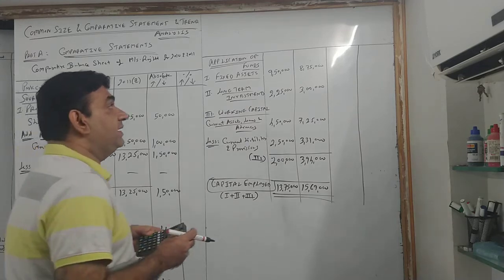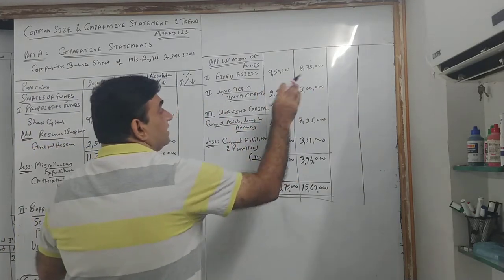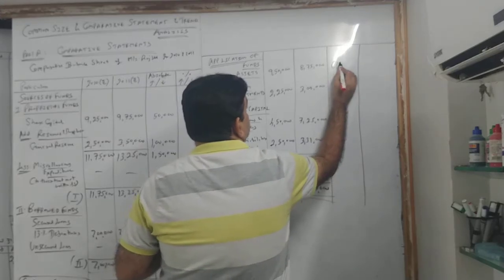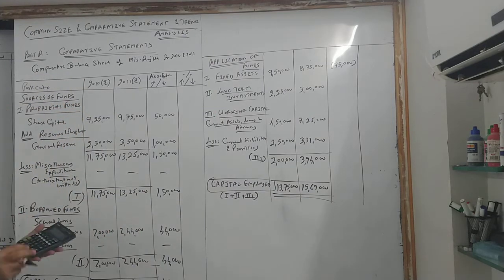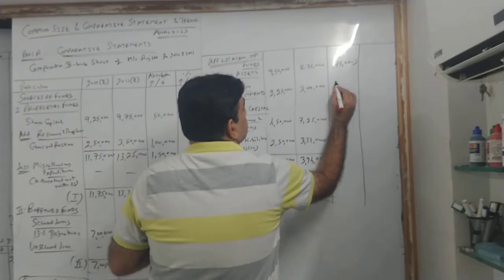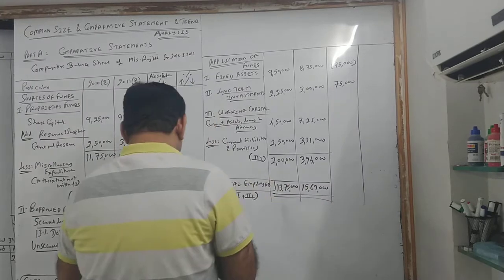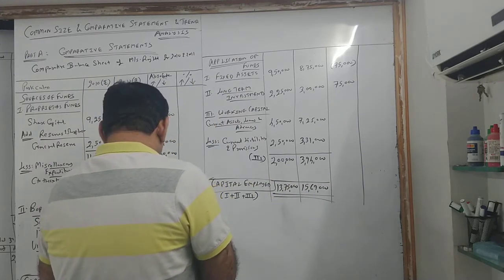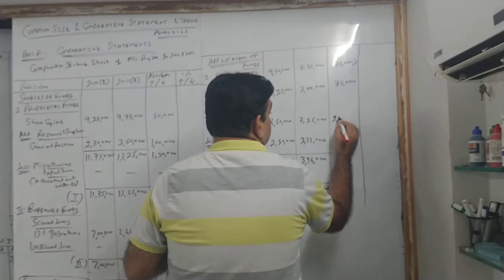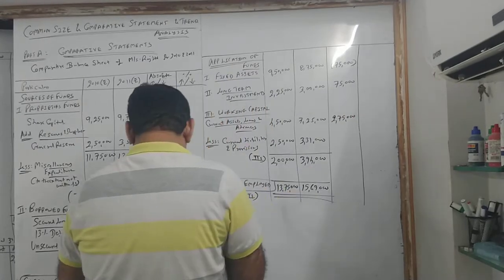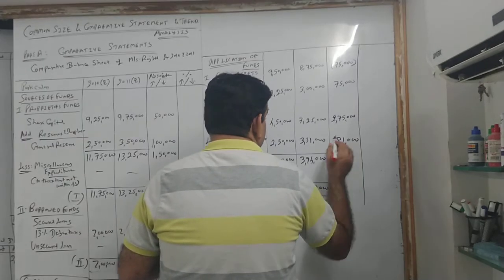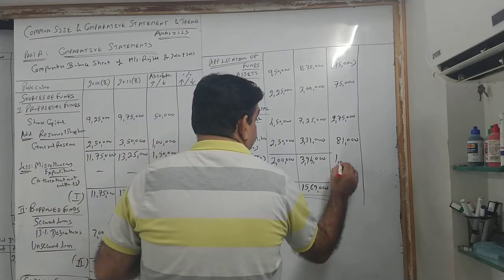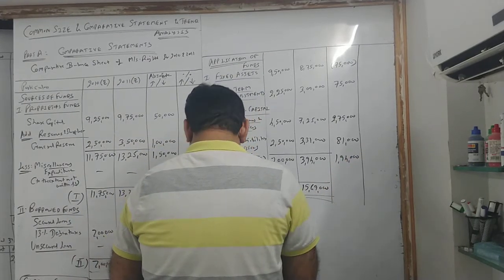Okay? Do the same thing on application. Here see now. 950 became 875. So there is a reduction. So 75,000 reduction. 3 lakh became 225. 75,000 increase. Okay? 725 became 450. 275 reduction. 331 became 81. 194.